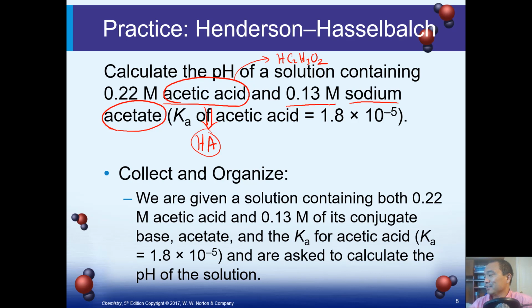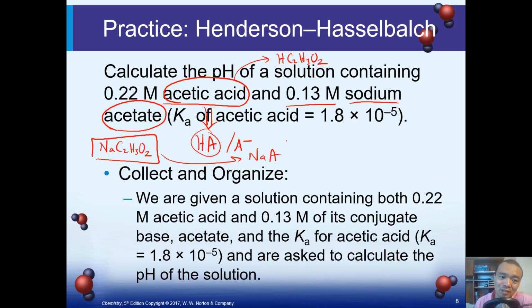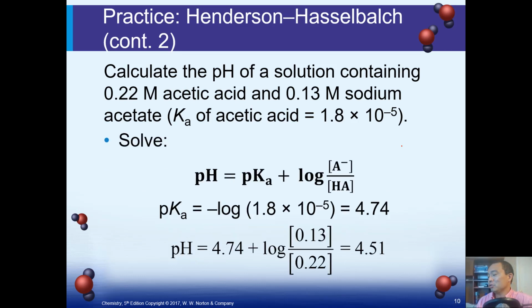The sodium acetate, because this salt, we can represent as NaA. So what this provides is the A minus, or the weak base component for this pH buffer. So you should be able to recognize this is a pH buffer. If it's a pH buffer, you will be able to calculate the pH using the Henderson-Hasselbalch equation. That's what we're doing over here.